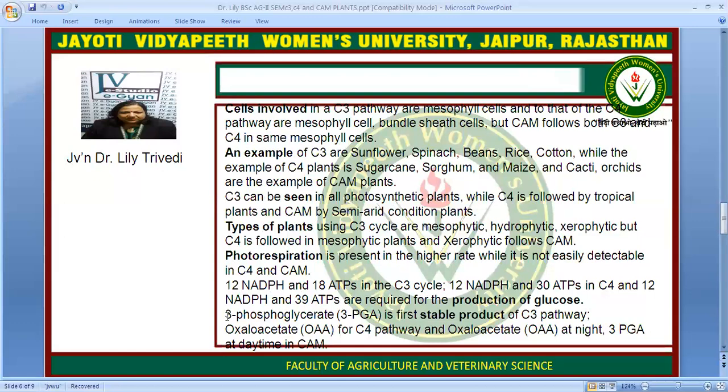So energy level is different in all. Now the first stable product of C3 pathways is 3-phosphoglycerate or 3-PGA. For C4 plants it is oxaloacetate, OAA. And in CAM plants it is oxaloacetate at night and 3-PGA in daytime.